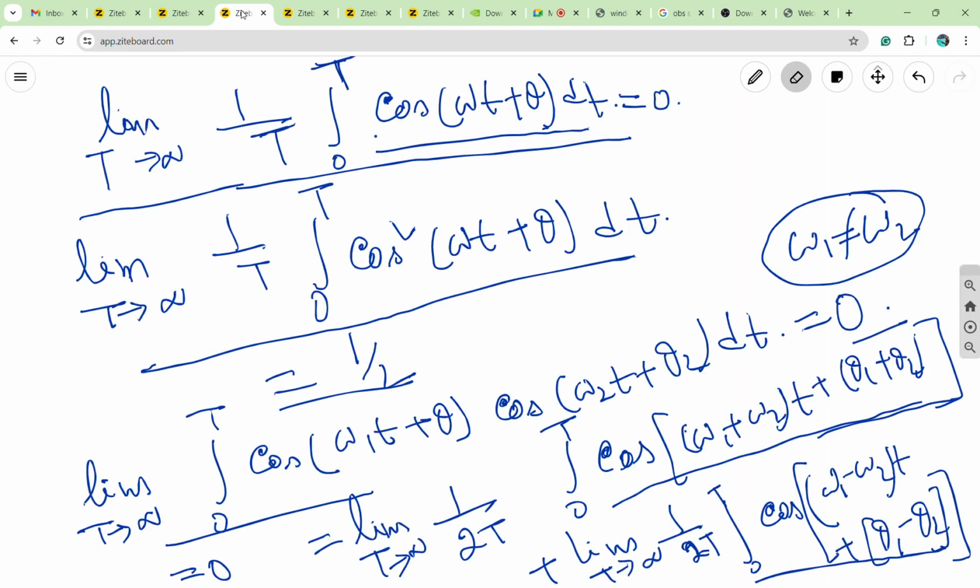Can you explain this part again, sir? How are we getting that the integral of cos square of omega t plus theta dt equals half?